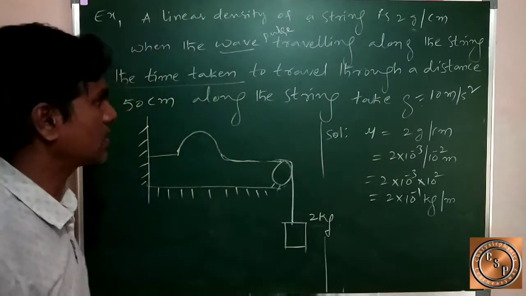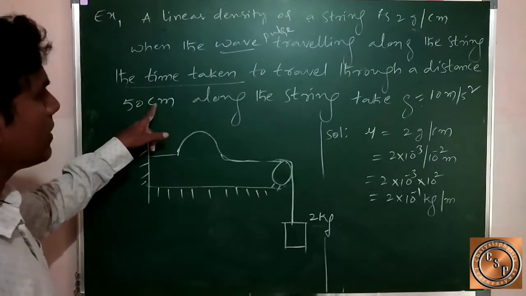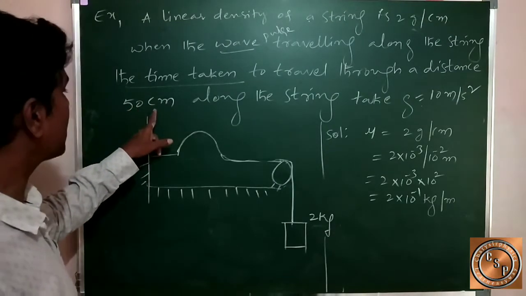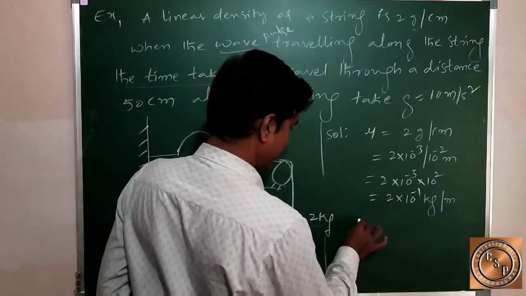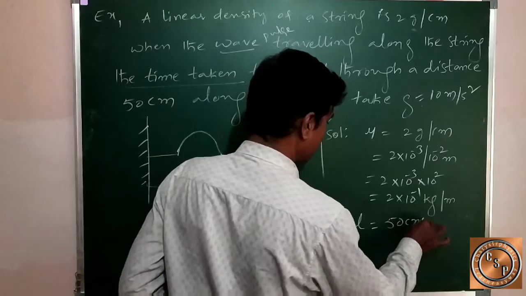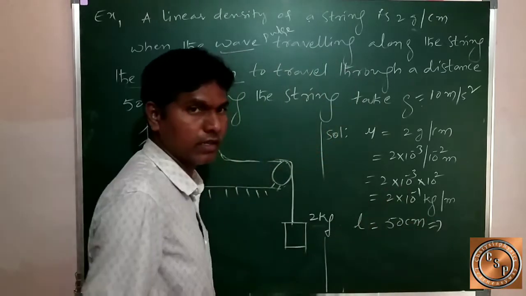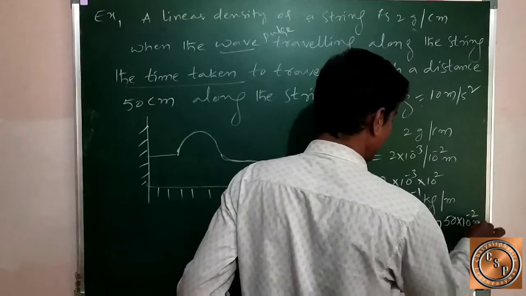That is the linear density. Now, length is given as 50 centimeters. Length L is equal to 50 centimeters, converting to meters, 50 into 10 power minus 2 meters.